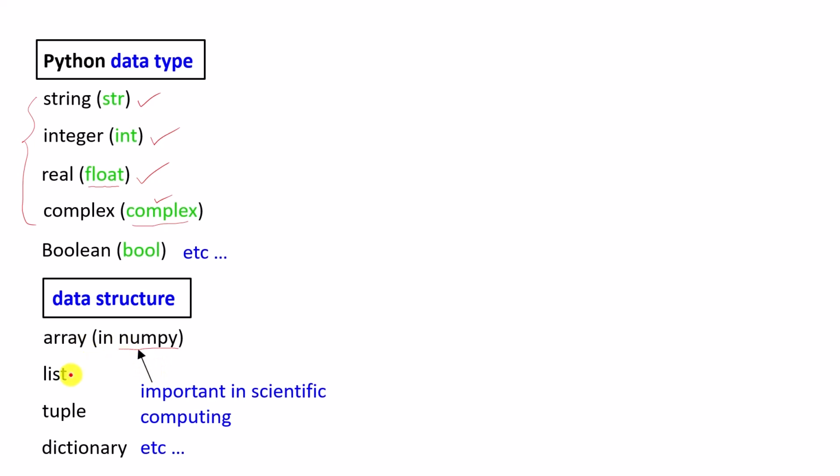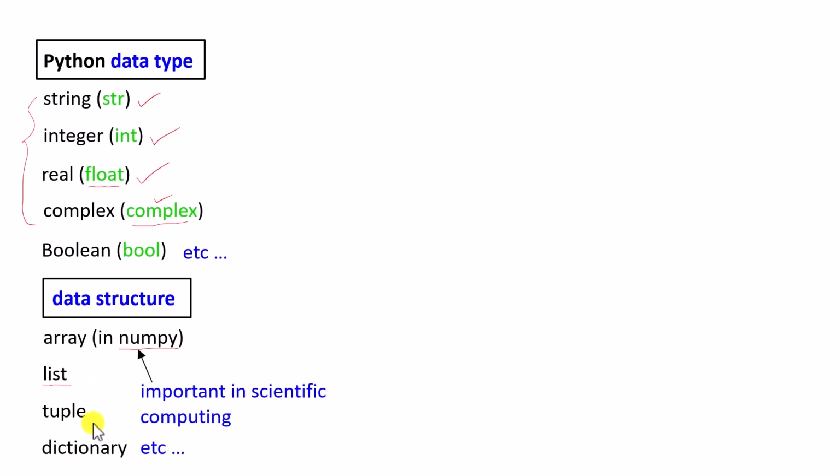To generate an array, of course, we need a Python native data structure, that is list, which will be a list of several data, and we'll see how it is. Somewhat similar to list are tuple, which is again a list of several data, but there are fundamental differences between list and tuple and dictionary, and they are useful in their own way.